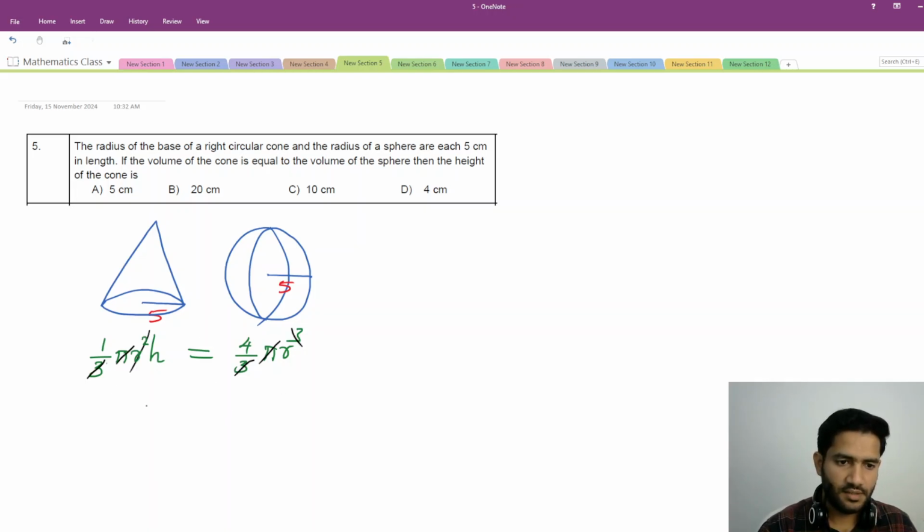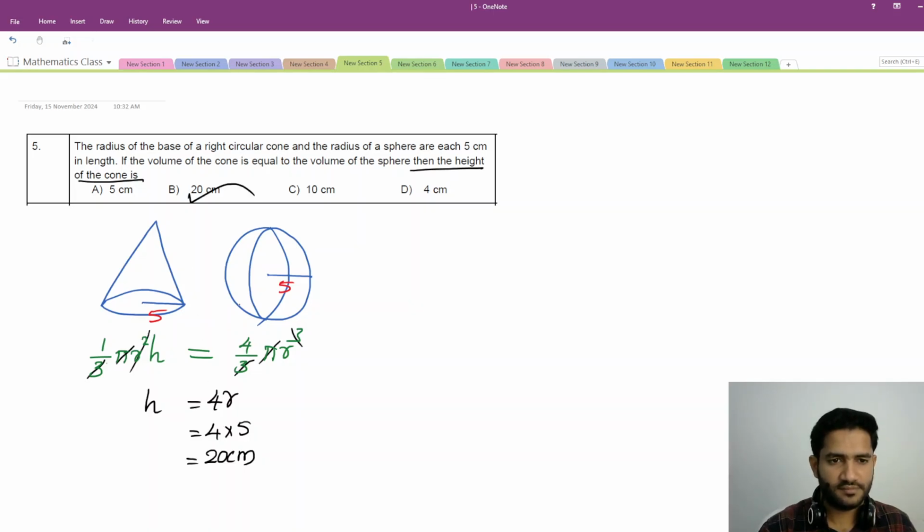Here h is remaining, and here 4r is remaining. We want to find the height of the cone, so it is equal to 4 into 5, that means 20 centimeter.